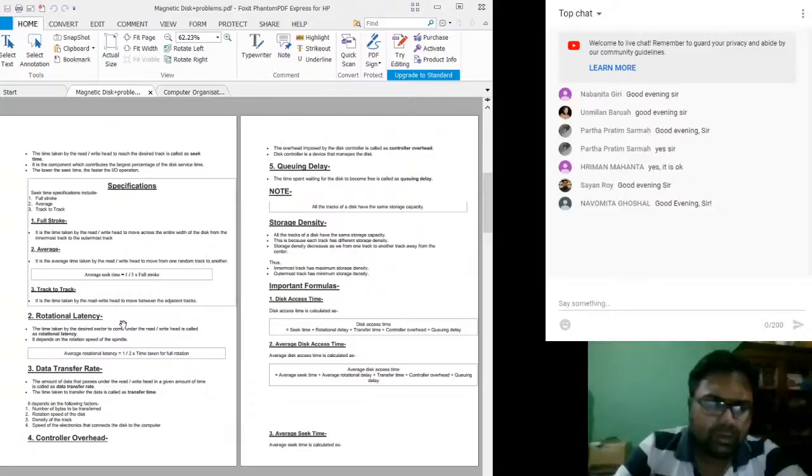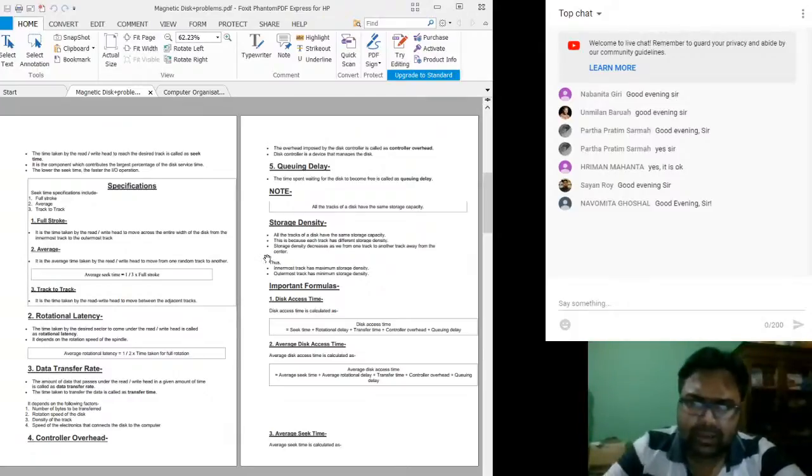Only to confuse you, they might give you this term as latency. But you should remember that if you're trying to find out the disk performance, latency will generally mean your rotational latency.